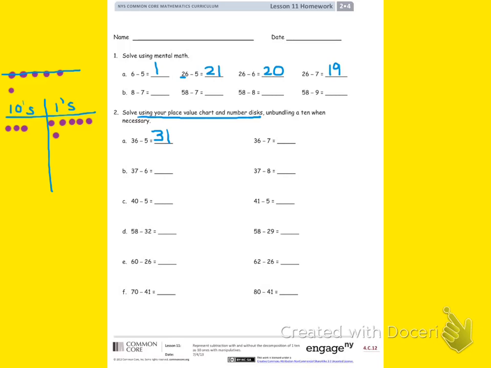This neighbor I'm going to borrow from is a group of 10. If I take and unbundle this group of 10, I'll put them in the ones column. 1, 2, 3, 4, 5, 6, 7, 8, 9, 10. Now I have more than enough to take 7 away.